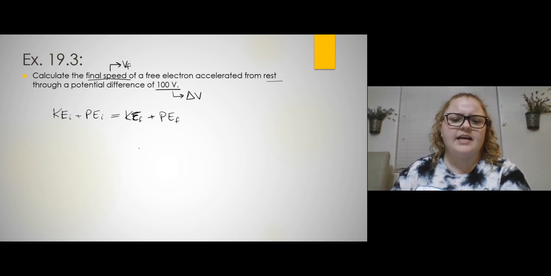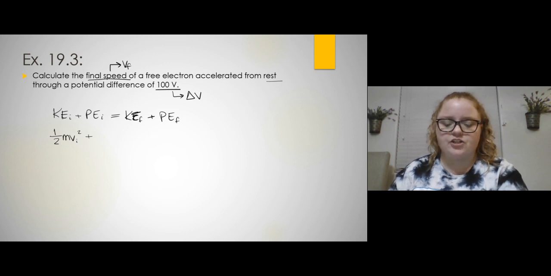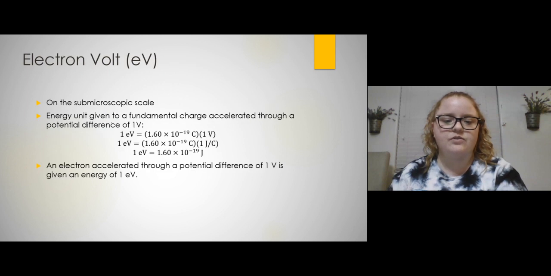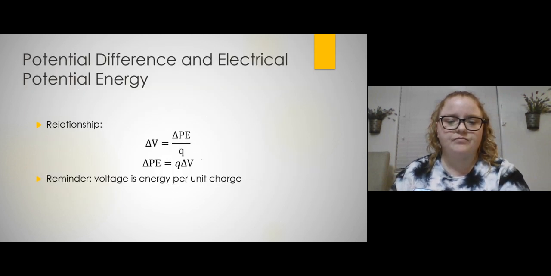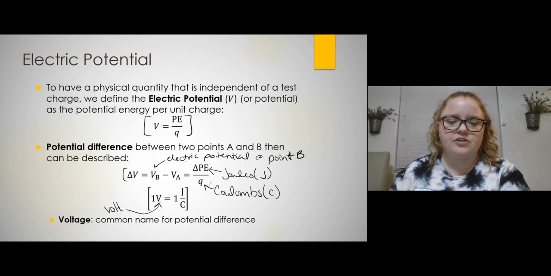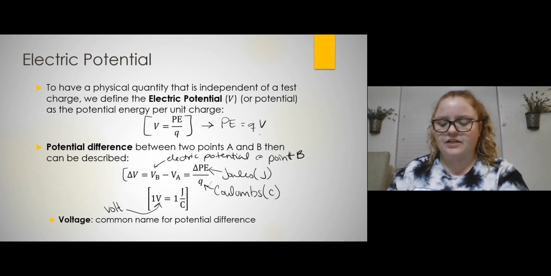So let's go ahead and write this out. Our kinetic energy, remember, is 1/2 mv squared. This is initial. Our potential energy is something that we found back here. Potential energy is equal to Q times V. We're going to use that.